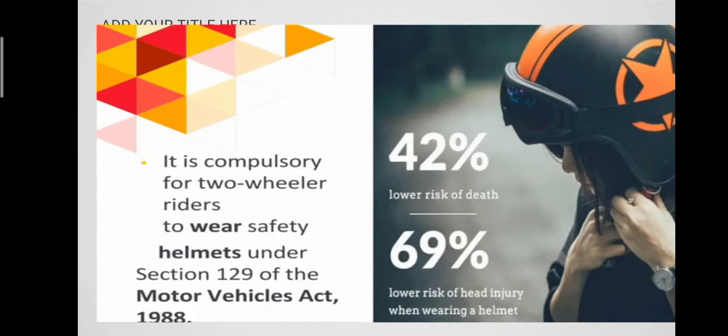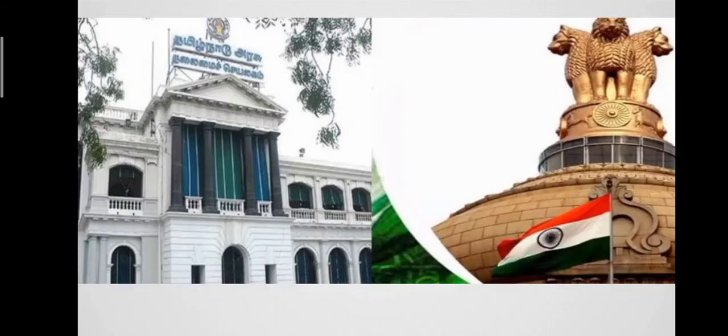It is compulsory for two-wheeler riders to wear safety helmets under Section 129 of the Motor Vehicles Act 1988. So these are the Indian laws where an act has been transformed into a law. This can be done either in the central government or in the state government.